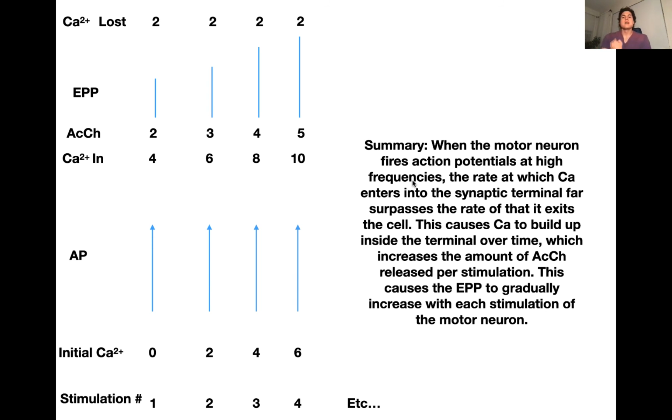This causes calcium to build up in the cell over time. So therefore, with each sequential stimulation, we release more acetylcholine per stimulation, and this causes the end plate potential of a muscle fiber to sequentially increase with each stimulation. And this is what the process of facilitation is in a nutshell.